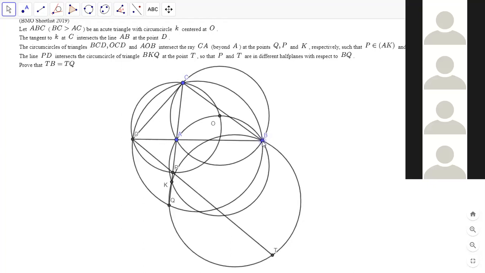And do you understand why DC is equal to DQ? Let me see if I can think about the angle chase. Because angle DCA, because it's tangent, is equal to angle CBD, which is CQD. That makes sense. It's a good observation.